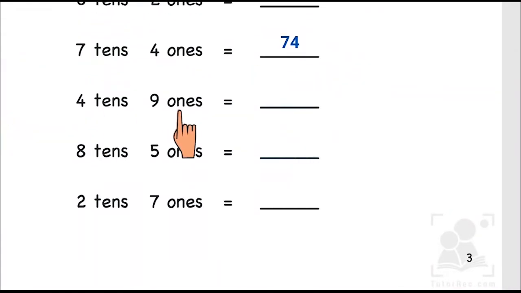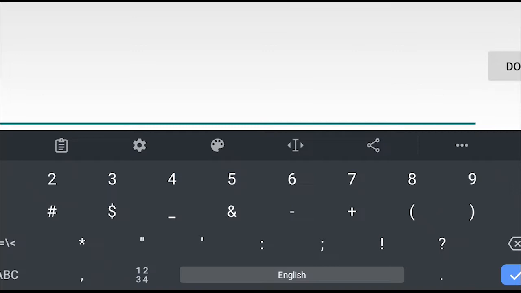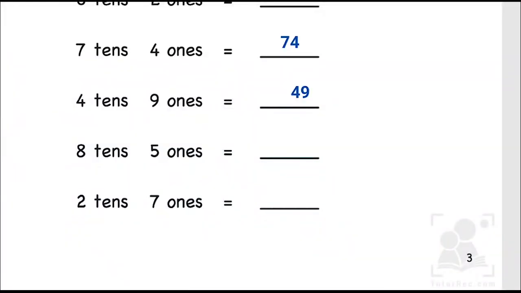Similarly, 4 tens and 9 ones are 49. Next, 8 tens and 5 ones, 85. Then we have 2 tens and 7 ones, 27.